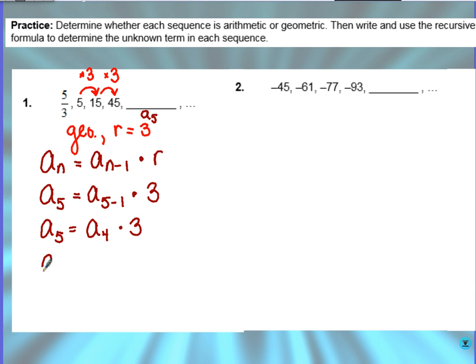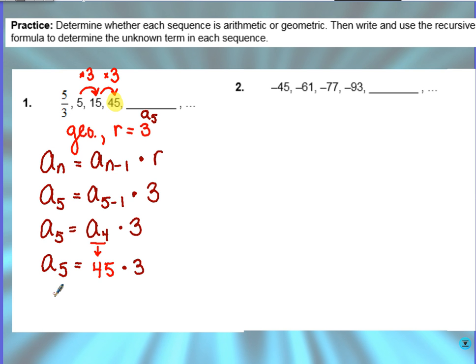One more step, to get to the fifth term, we need to know the fourth term. Well, in this example, we do know the fourth term, it's 45. So I will replace a sub 4 with 45, and multiply it by 3.